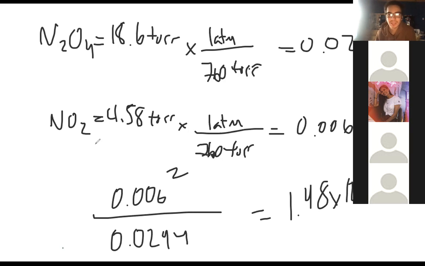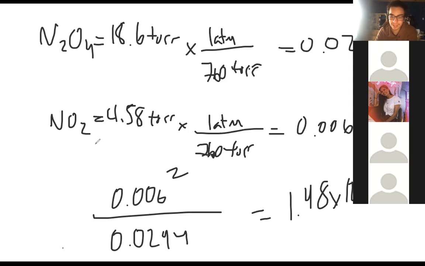So yeah. We're going to jump to the next page if there are no more questions. And the next page goes into the relationship between our Kp and Kc and how we could go back and forth. So it tells us from the ideal gas equation, it can be shown that pressure of a gas depends on temperature, but is also linearly proportional to the molar concentration.